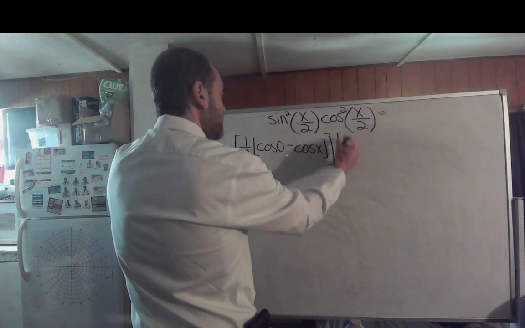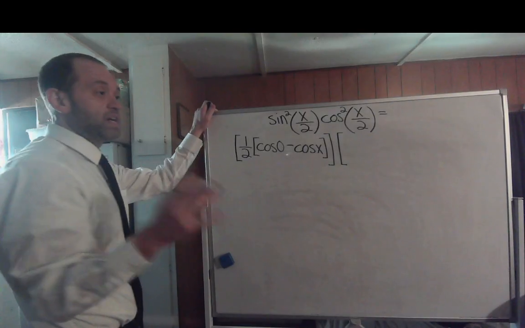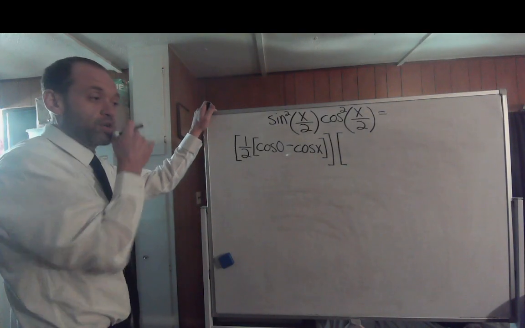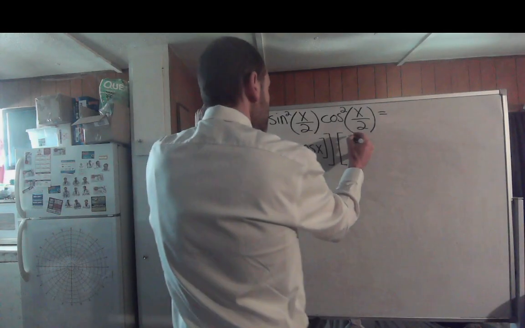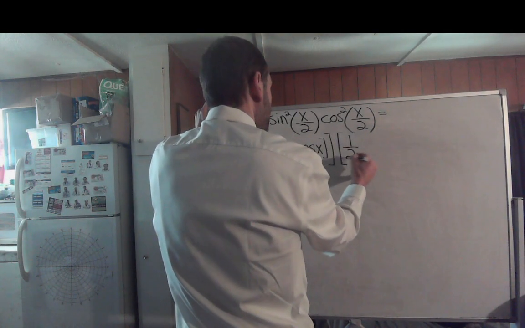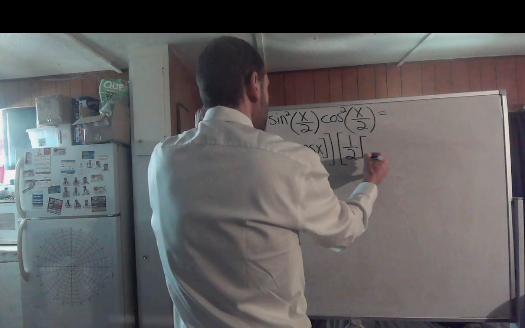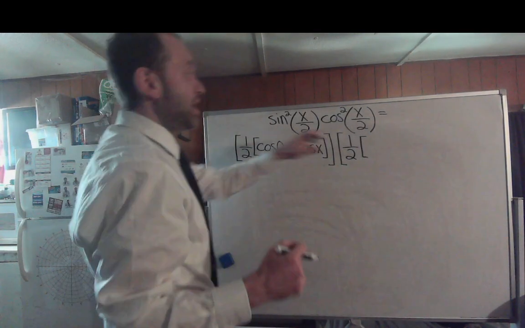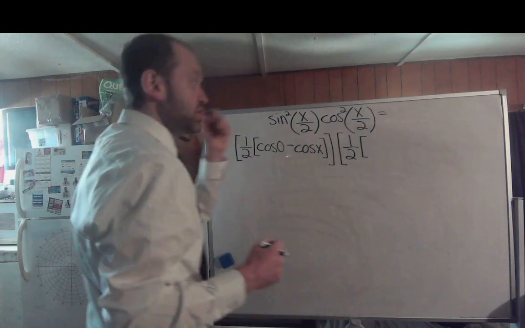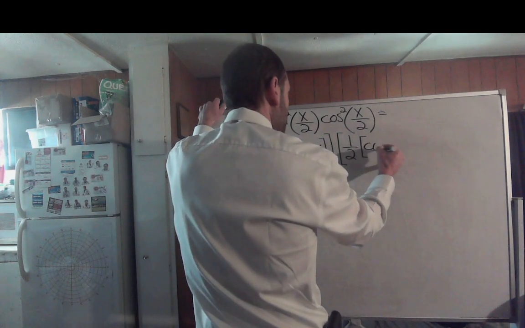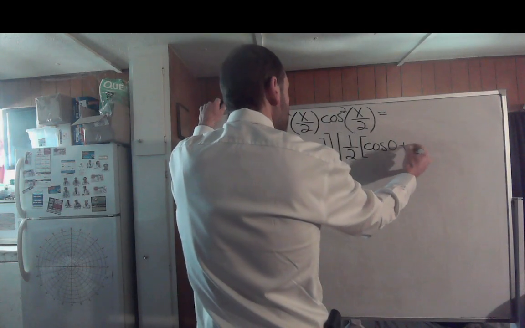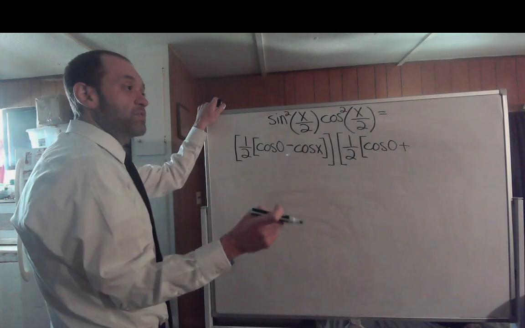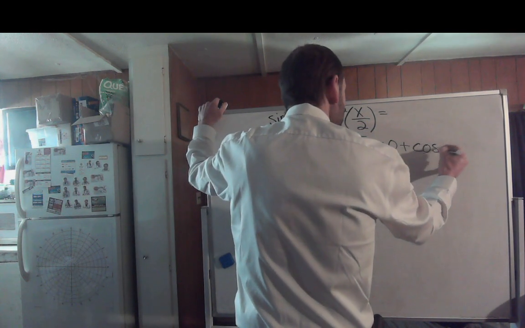Okay, then we take that times, let's do the cosine squared of x over 2 power reducing identity. So this would end up being 1/2 of the quantity of, alright, so cosine of x over 2 minus x over 2, that's the cosine of 0 again. But this time plus the cosine of x over 2 plus x over 2, that's just the cosine of x. So already you can see we did not need a half angle formula.